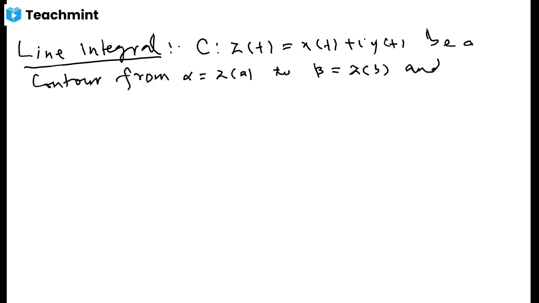And f we are considering to be a piecewise continuous function.